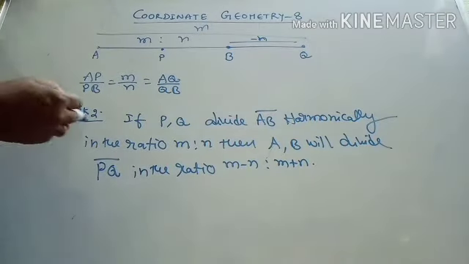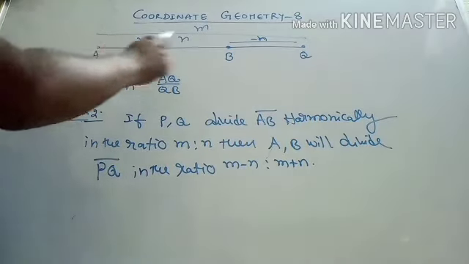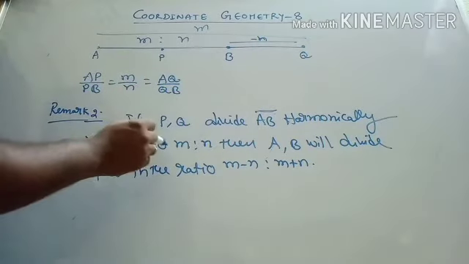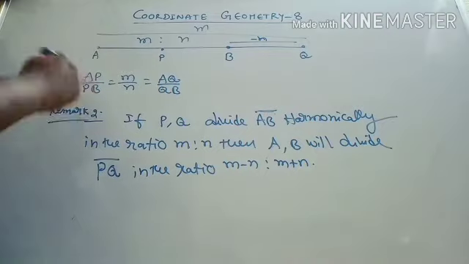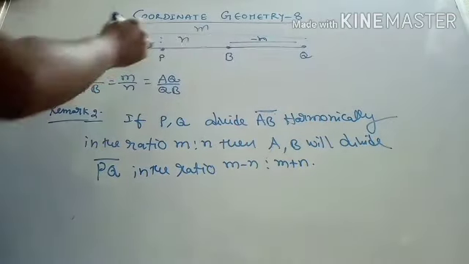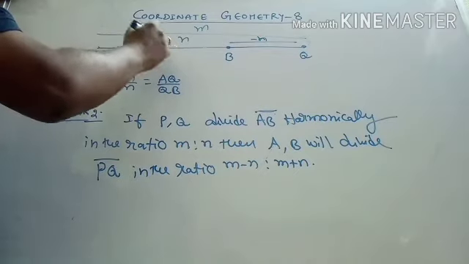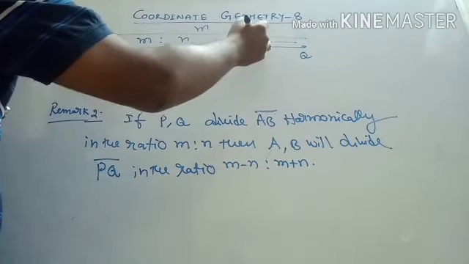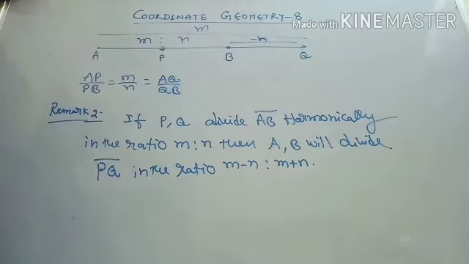We know already that P comma Q are dividing the line segment AB in the ratio m is to n. Whenever the ratio is internal division, you will get the ratio as positive, and when external division, you are going to get the ratio as negative. That is the indication you have to remember, right?